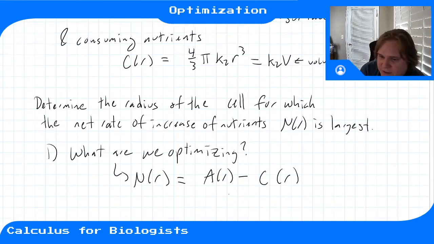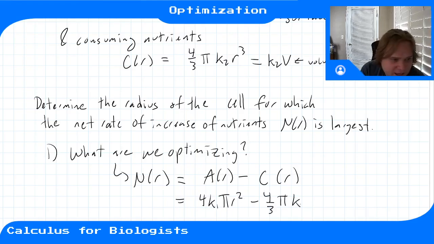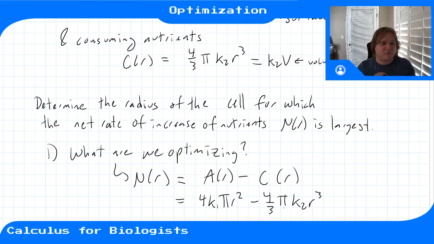So our function is 4 k1 pi r squared minus 4/3 pi k2 r cubed, where k1 and k2 are the rate of absorption and the rate of consumption.